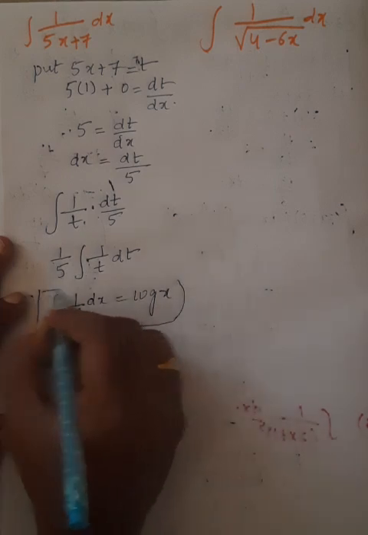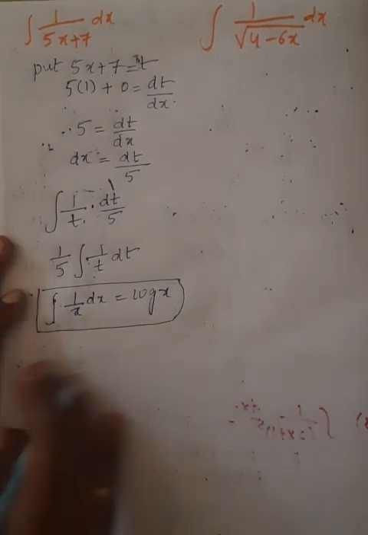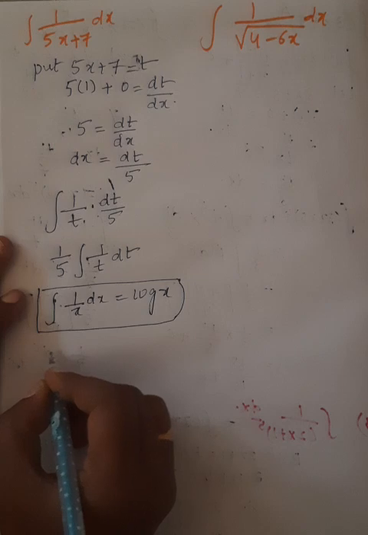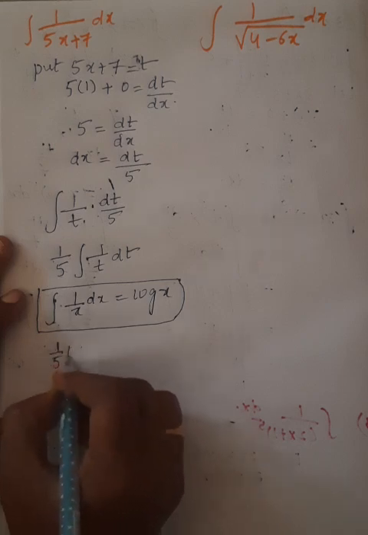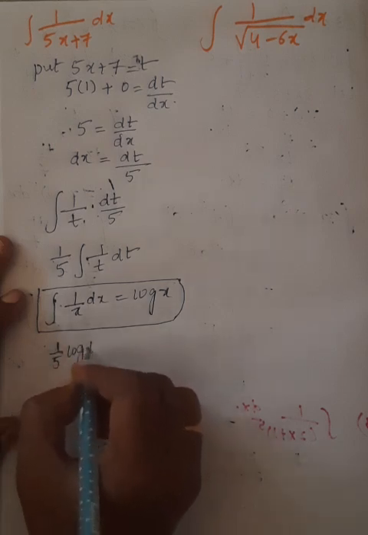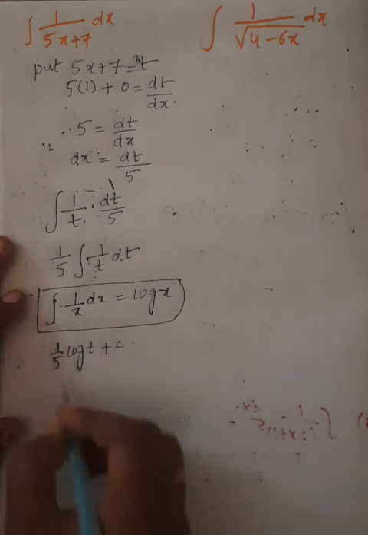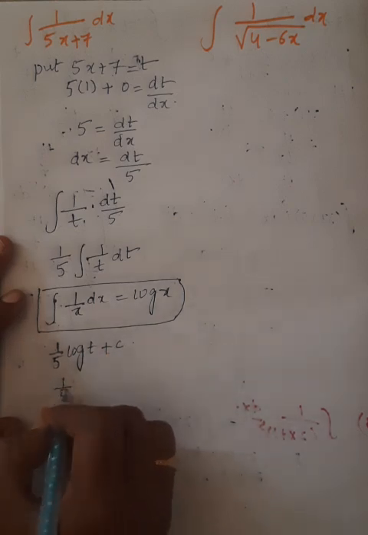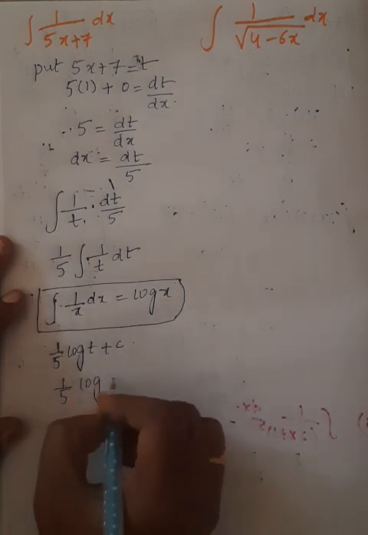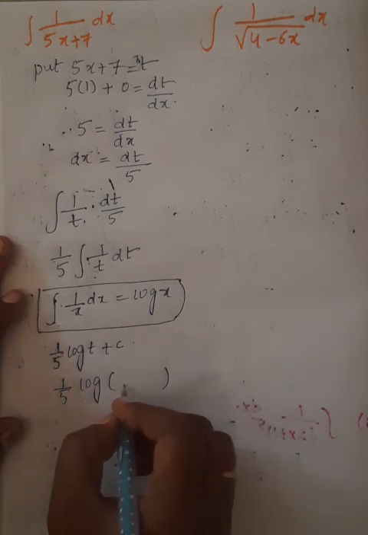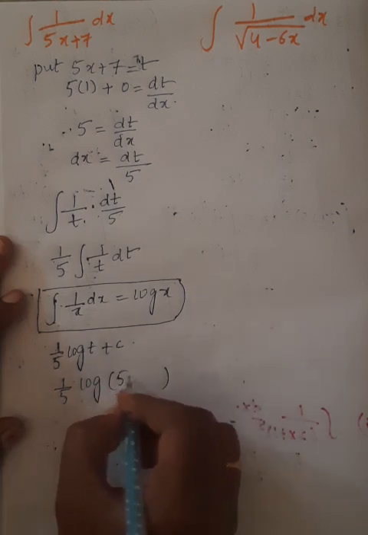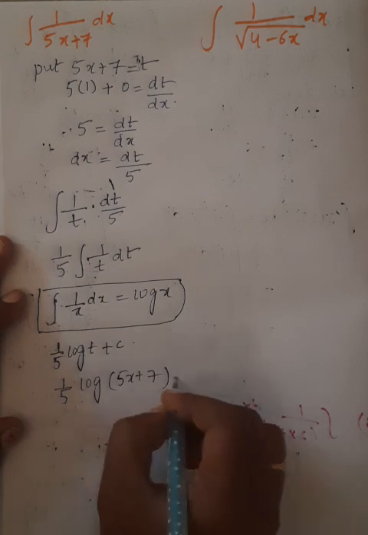Now we have to use this result. Integration of 1 by t dt is log t, so 1 by 5 into log of t, whereas t is 5x plus 7, plus c.